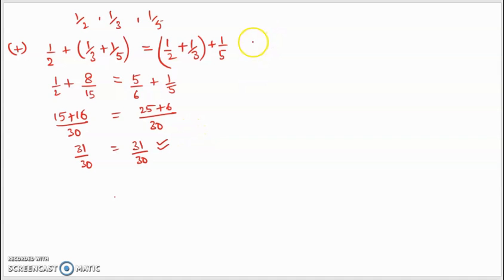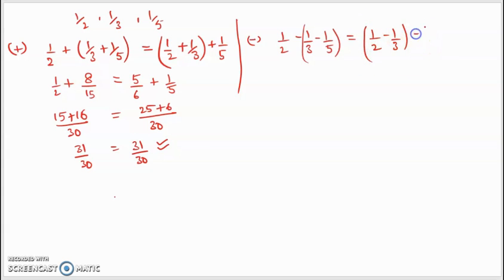So let's do subtraction now. So 1 by 2 minus 1 by 3, minus 1 by 5, should be equal to 1 by 2 minus (1 by 3 minus 1 by 5).